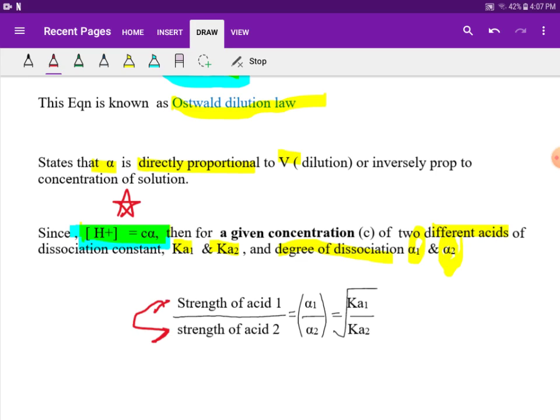That is, we have the relation for the relative strength of the acids. The strength of acid 1 by strength of acid 2 is equal to alpha 1 by alpha 2, that is equal to square root of Ka1 by Ka2 for a given concentration C of the two acids. That means, for a given concentration, alpha 1 by alpha 2 is equal to square root of Ka1 by Ka2, which gives the strength of acid 1 by strength of acid 2.